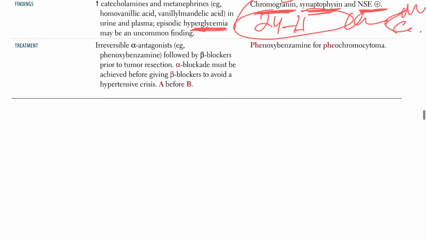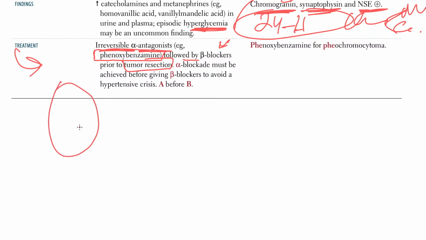Okay, for the treatment, we have perioperative administration, very high yield, of irreversible alpha antagonists, for example phenoxybenzamine, followed by a beta blocker prior to tumor resection. So you want to have the tumor removed, right? But you don't just remove the tumor, because that tumor has a lot of catecholamines.